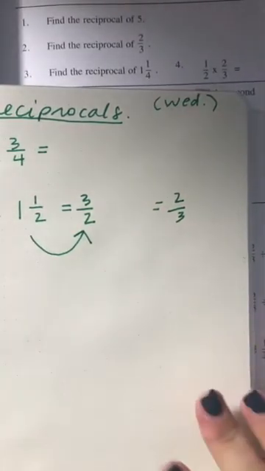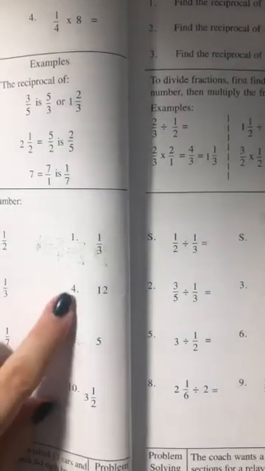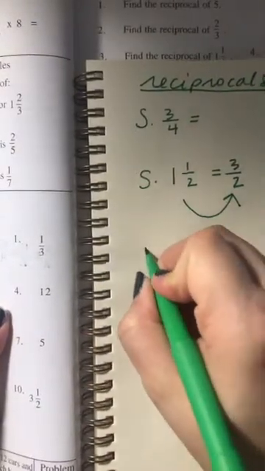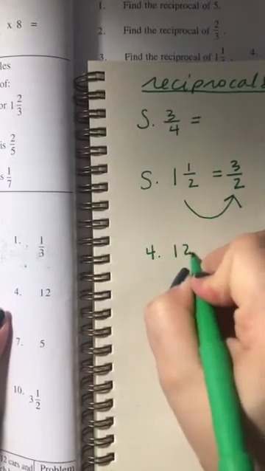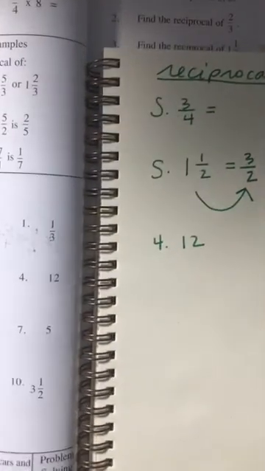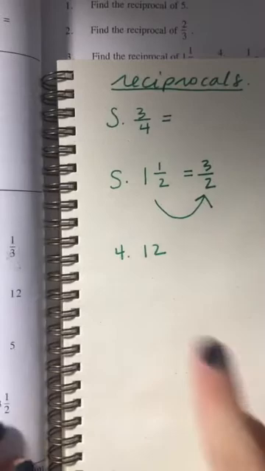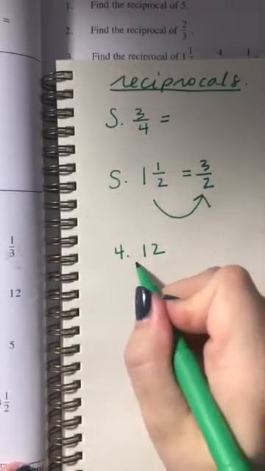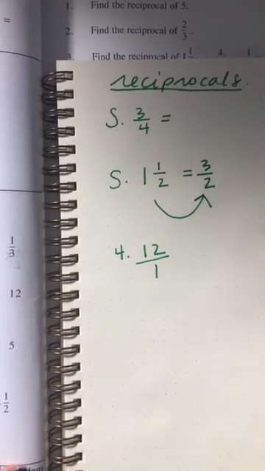Then, when you are finding the reciprocal of a whole number, we're going to actually go down here to number 4 to use number 4 as an example. So here on number 4, you just have the number 12. Now remember from our previous exercises that whole numbers can be made into fractions by just putting a 1 under them.